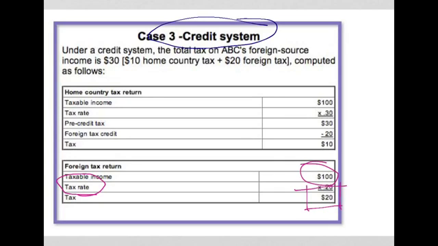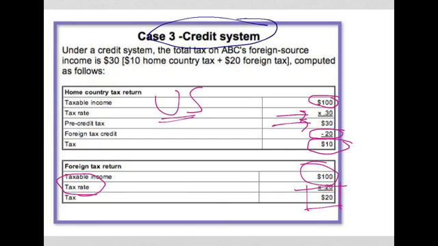Meanwhile, back to, let's again use the U.S. as the example here, taxing on all income at its rate, but now with a credit for the foreign tax paid, the net result of tax paid in the U.S. in this example is only $10. This avoids double taxation.